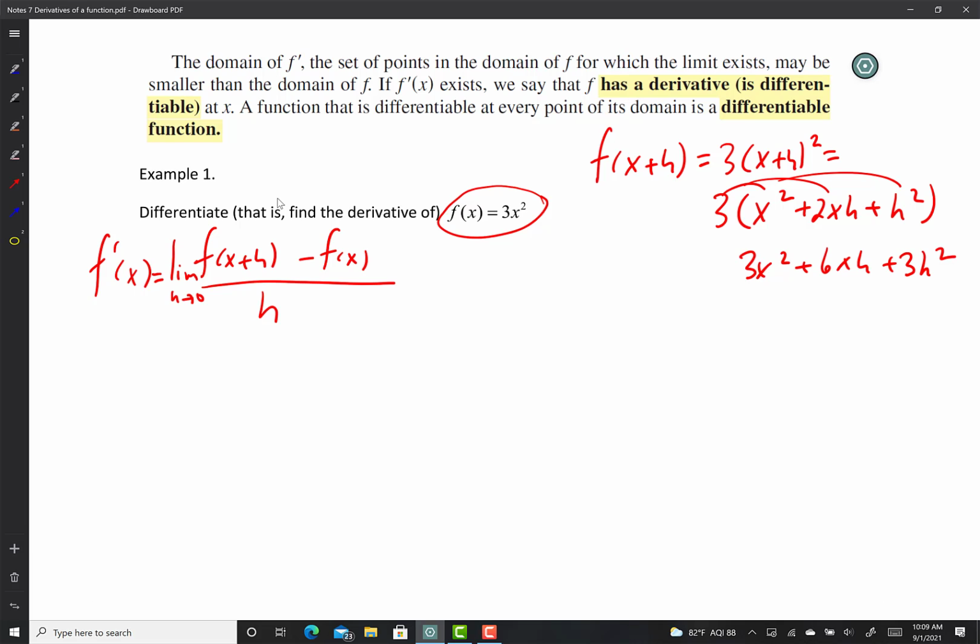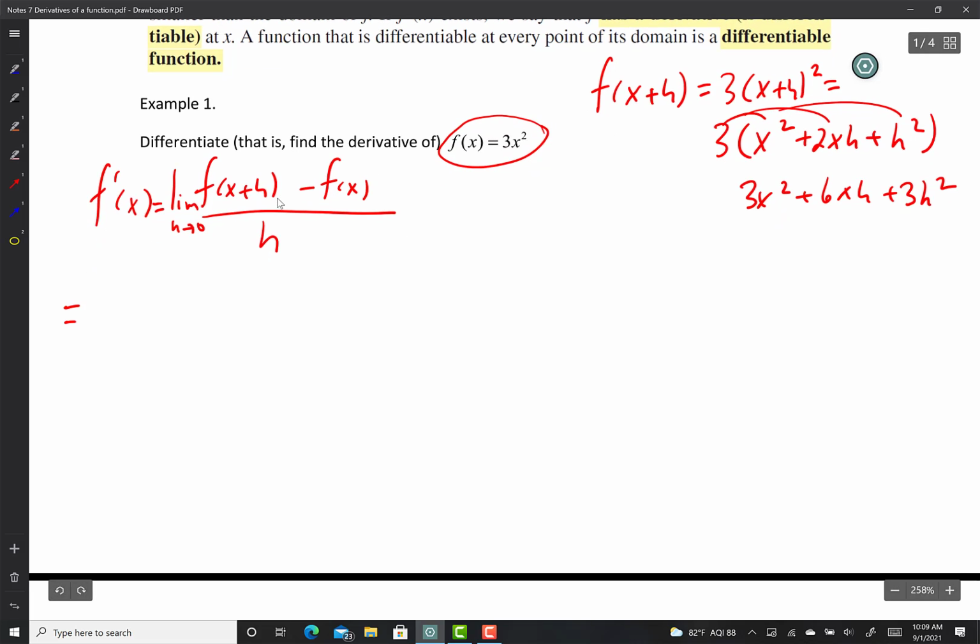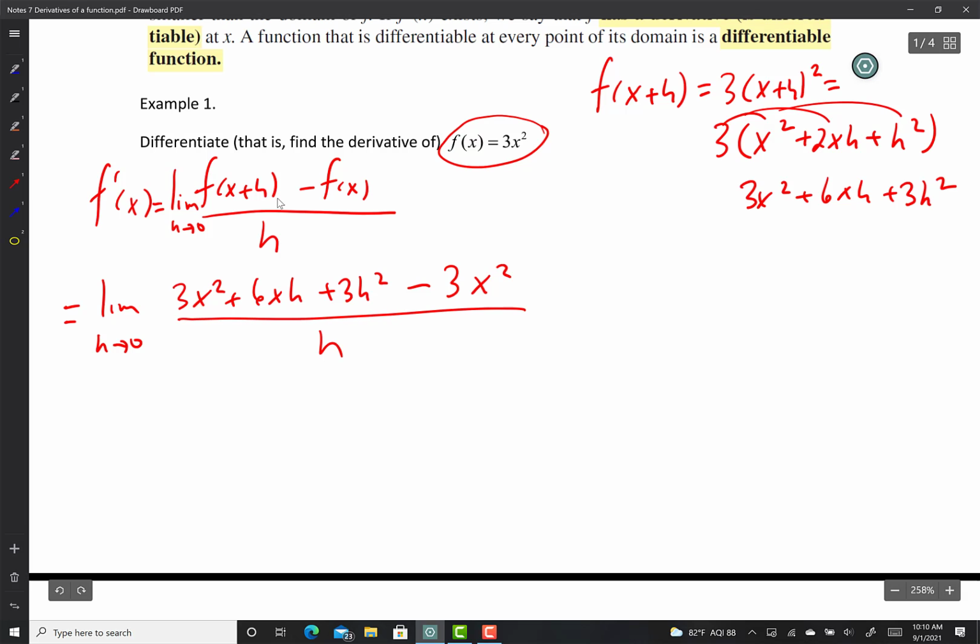Are we all right so far? All right, hopefully today won't be a mistake-filled day. I did get sleep and I feel okay. 3x squared plus 6xh plus 3h squared minus f of x, which is 3x squared, all over h.